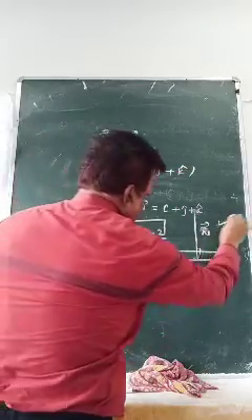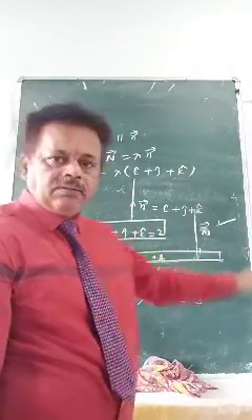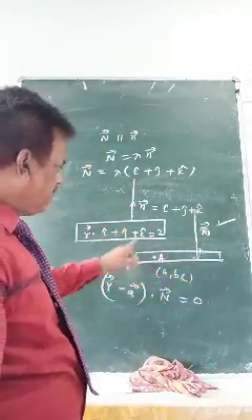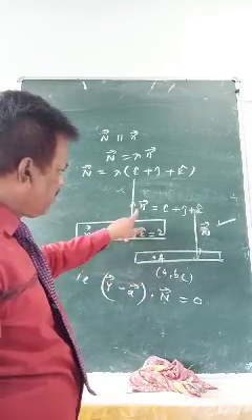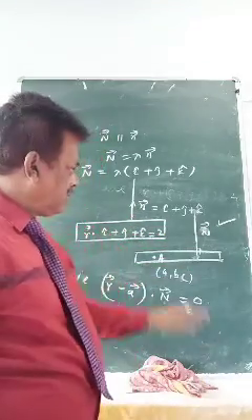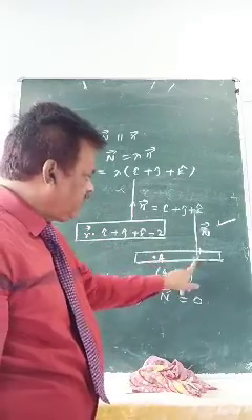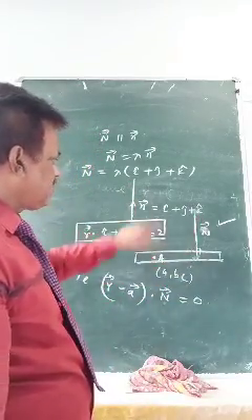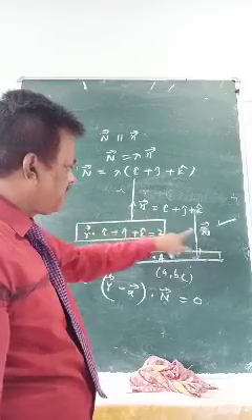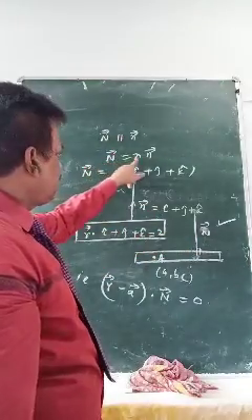Every time you compare planes, you have to compare the normals. Here the relation between them is parallel, so one is lambda times the other.